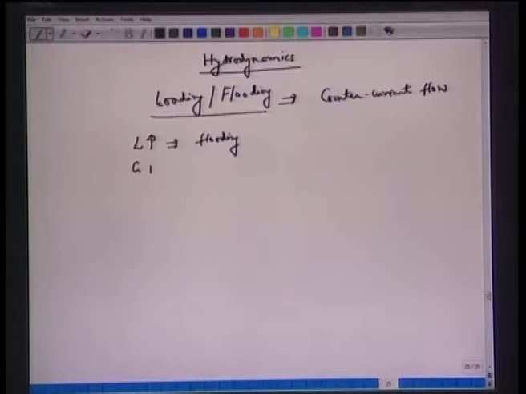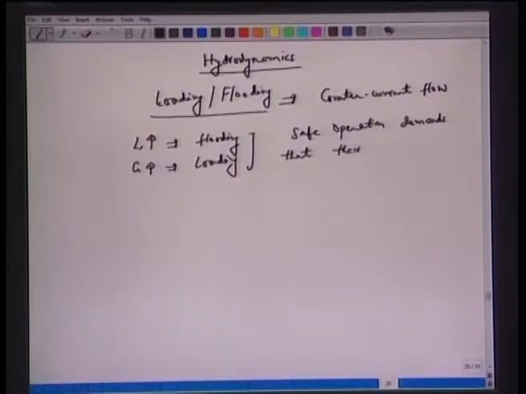If the gas velocity or flow rate is very large, we have what we call loading. A safe operation demands that there is neither loading nor flooding of the column. Okay, so that's one thing.